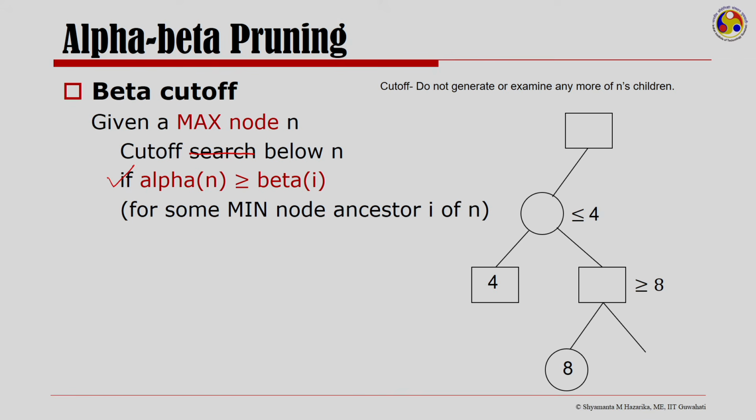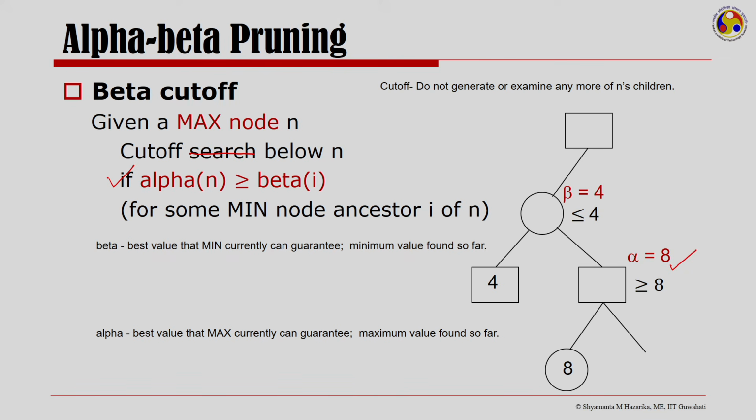Now recall what we meant by alpha and beta. Alpha is the best value that max currently can guarantee, so it's the maximum value found so far. So at this node we have alpha equal to 8. Beta is the best value that min currently can guarantee, so beta is the minimum value found so far.